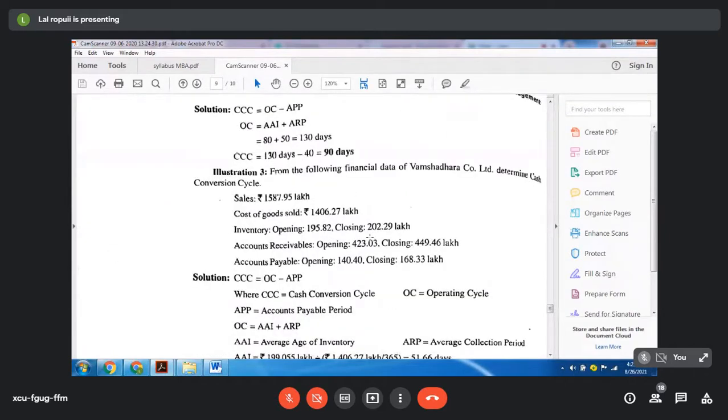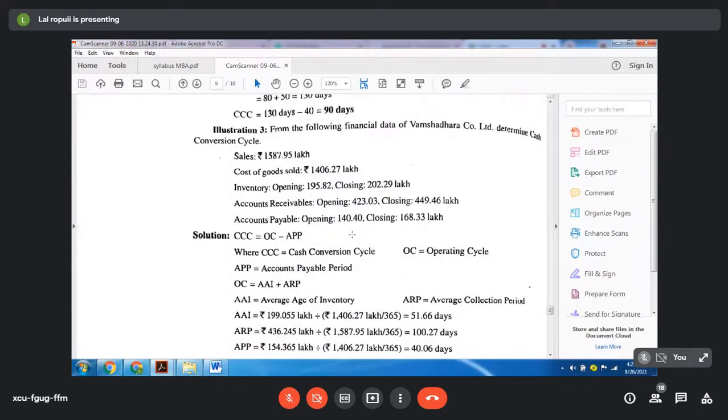Then let us look into another simple calculation of the ready-made information given by your book. From the following financial data of Vamsha Dara Company Limited, determine the cash conversion cycle. Sales is 1,587.95 lakh.